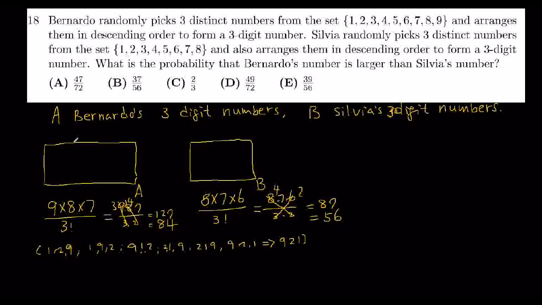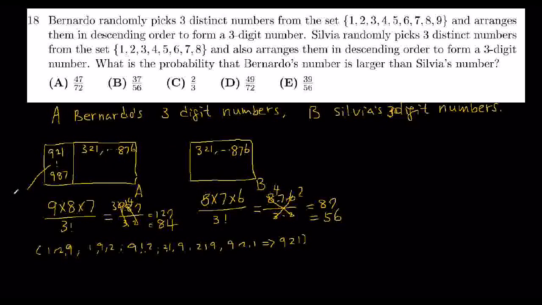Then we look at how many numbers in A start with 9, for example, 9 2 1 up to 9 8 7. Any of those numbers will be bigger than a number from B, which starts with 3 2 1 up to 8 7 6, right? How many of those do we have?